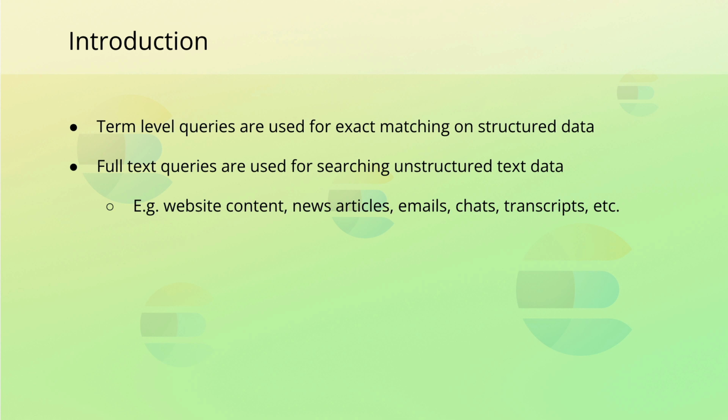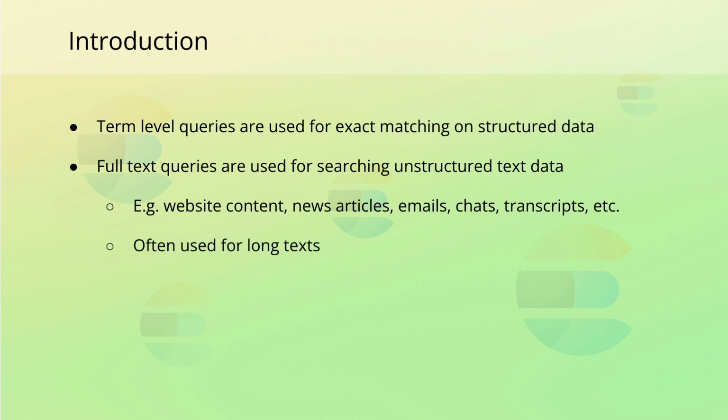In such a scenario, we surely cannot search for the entire content of a website or email, so we naturally search for specific words or phrases. That's what full-text searches are all about. Finding the documents that contain certain terms within unstructured text.